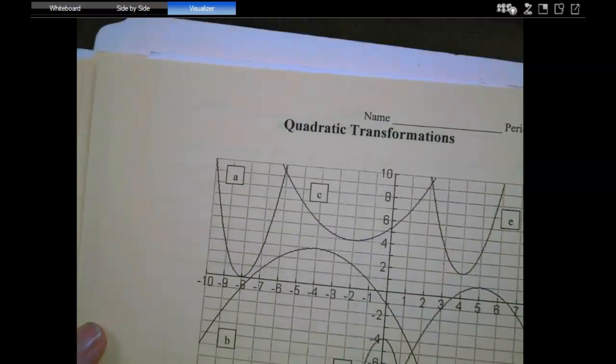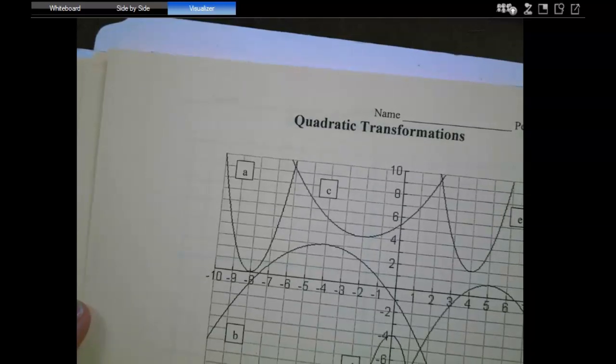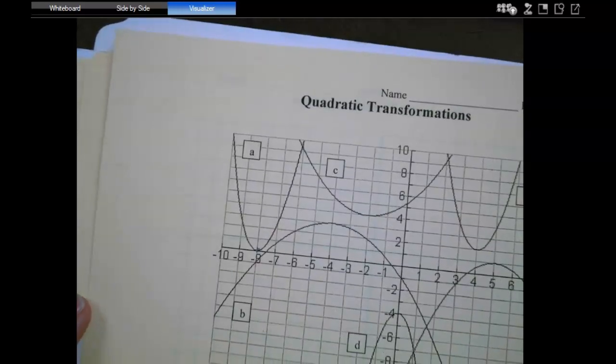Look at A. What would be the vertex here for A? Okay, so I have -8 and 0.